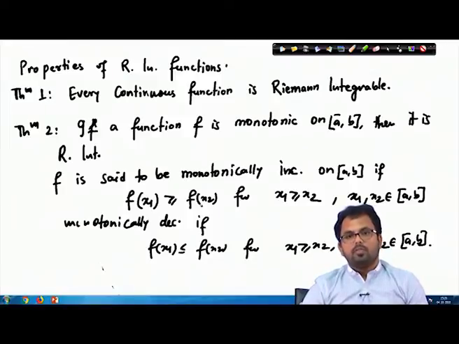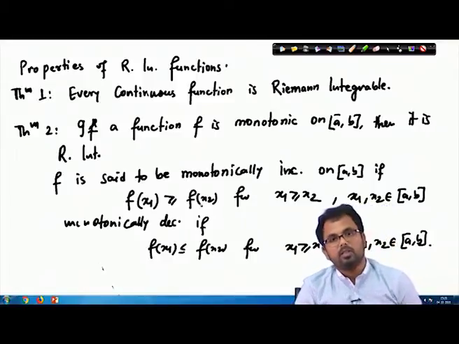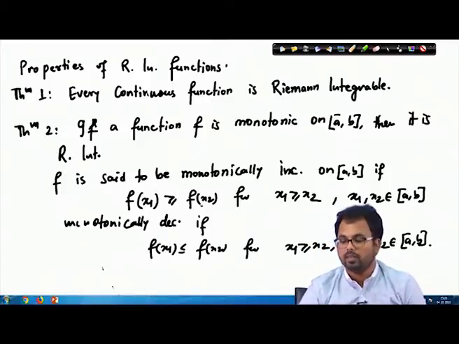Similarly, if the function is monotonically decreasing, it will also be bounded, and we again show that UPF minus LPF is less than epsilon, and then the function becomes Riemann integrable. The proof of this theorem can also be found in the books listed as reference.